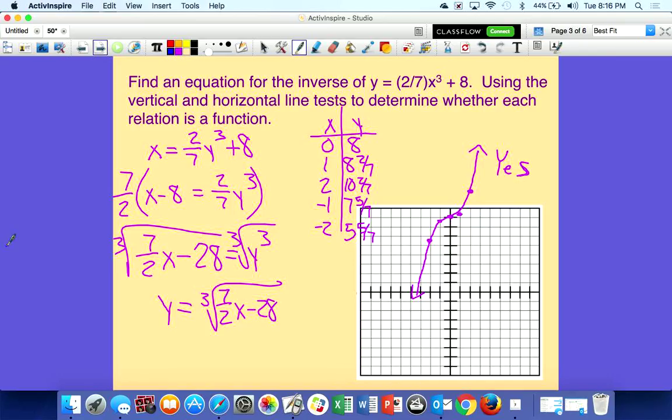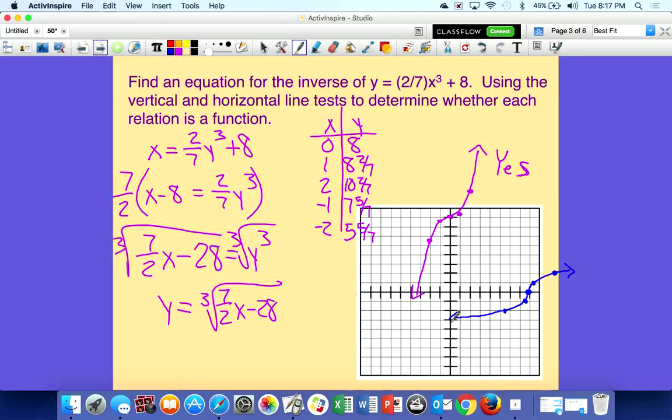Now, how are we going to find the inverse? Well, to find the inverse before, we just switched the x and the y, so let's do that again. And then we graph out all of those points. So approximately there. We draw the line in there.